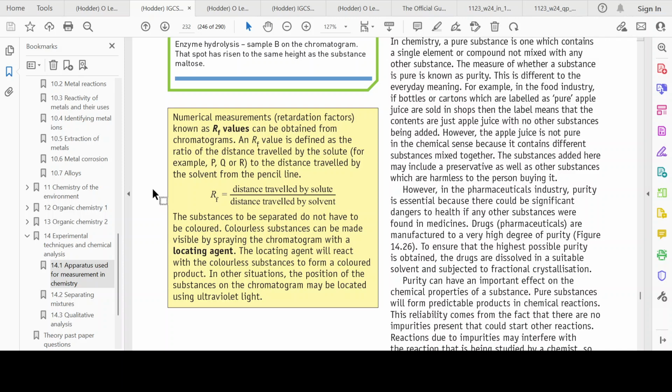And so to be able to properly identify what substance this is, you make a calculation and get the RF value. So numerical measurements known as RF values can be obtained from chromatograms.